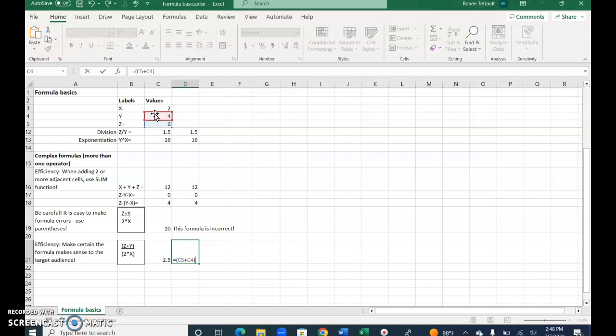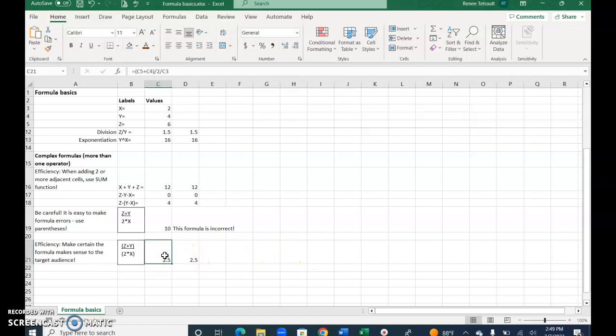What we're going to do is divide, so go ahead and press the division symbol. Now the second part of the math problem, so open parentheses, 2 times the X, which is C3, close parentheses. So you're doing them separately and then dividing them whole, and you should get 2.5.